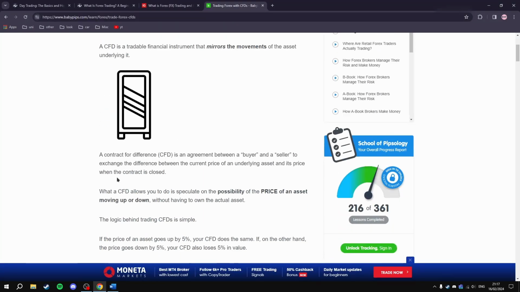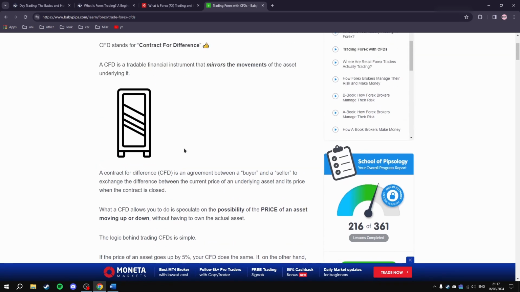Don't know what that is. A contract for difference is an agreement between a buyer and a seller to exchange the difference between the current price of an underlying asset and its price when the contract is closed.